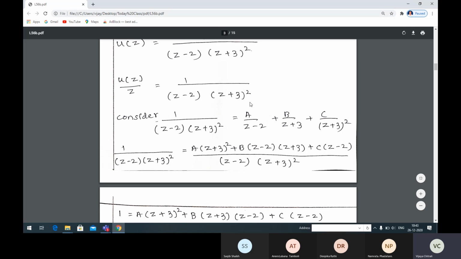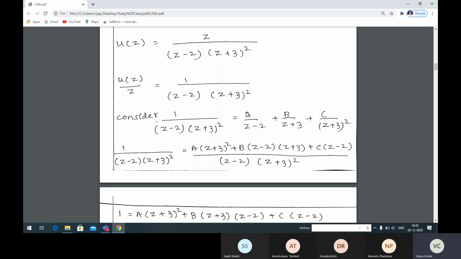So multiply (z+3)^2 by A, and here z+3 is there, so multiply (z-2)(z+3), because the LCM will be (z-2)(z+3)^2. We have only one (z+3), so multiply (z-2) and (z+3), and here (z+3) is there, so multiply (z-2).